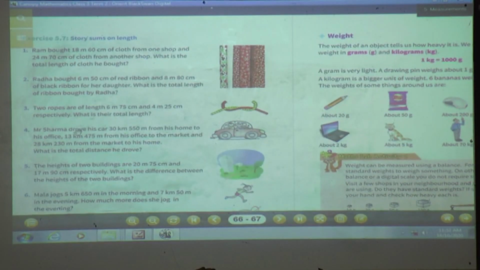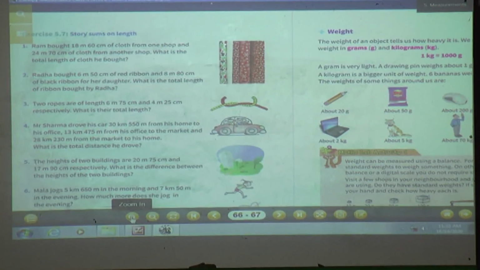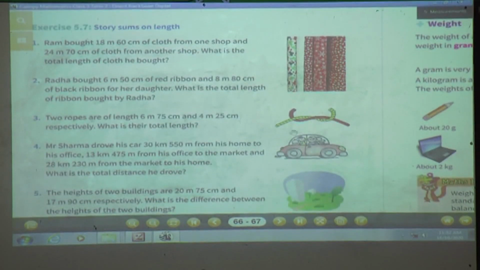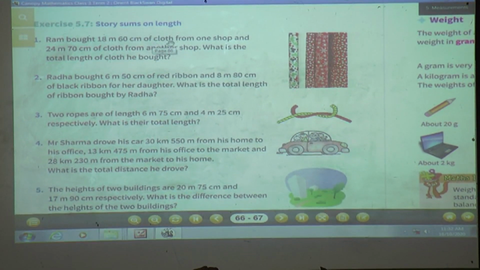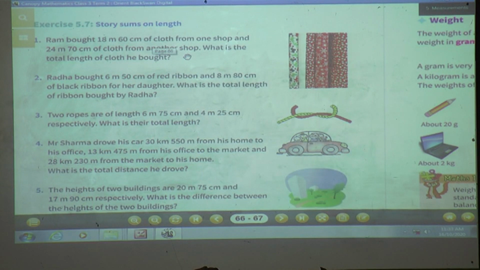Read the first story sum. Here Ram bought 18 meter 60 centimeter of cloth from one shop and 24 meter 70 centimeter of cloth from another shop.